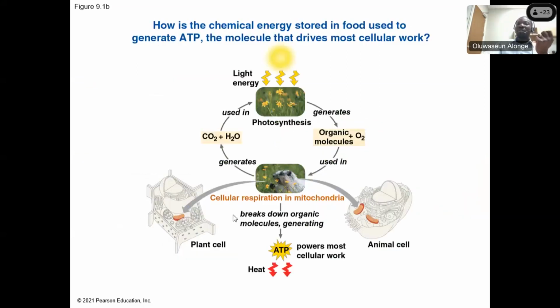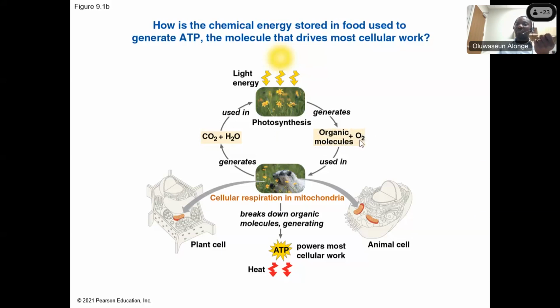All right. If you look at this, you see that carbon dioxide and H2O are used to produce glucose through photosynthesis. So plants undergo photosynthesis and produce an organic molecule, which is glucose. You are going to breathe in oxygen. So they give you organic molecules and also let out oxygen as their byproduct.